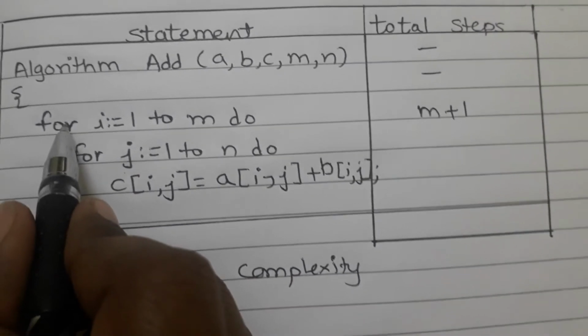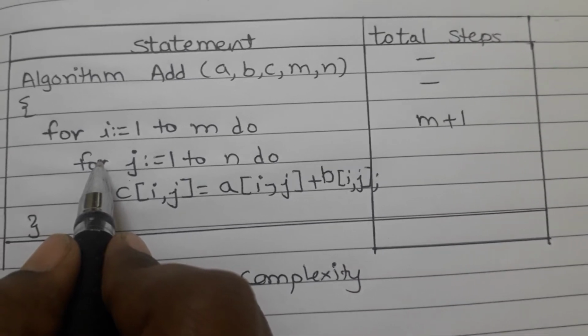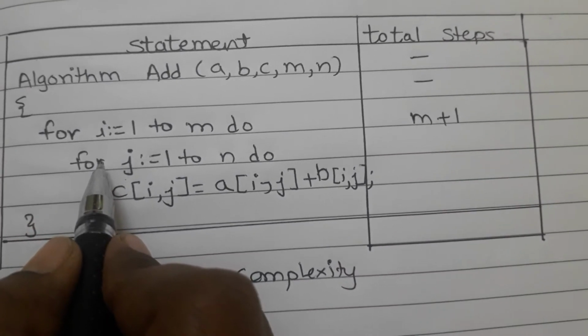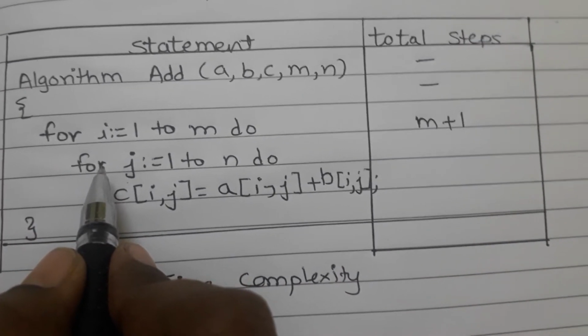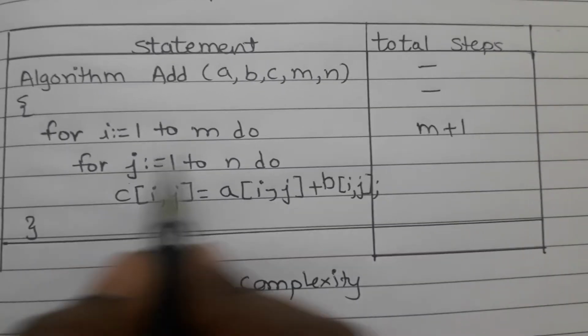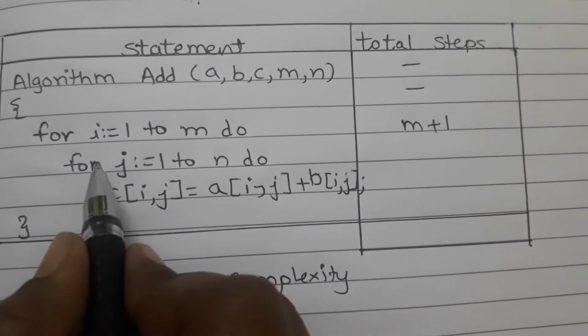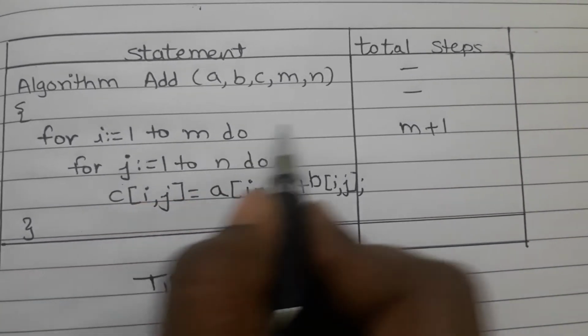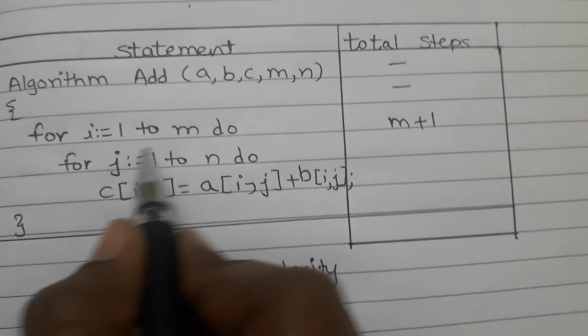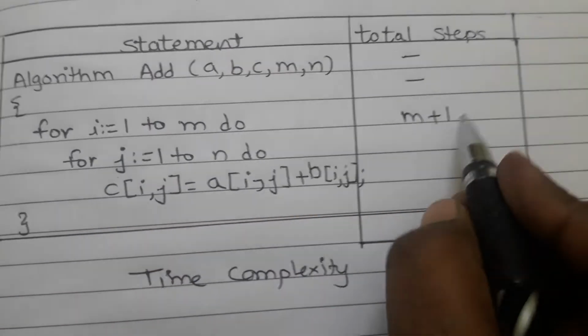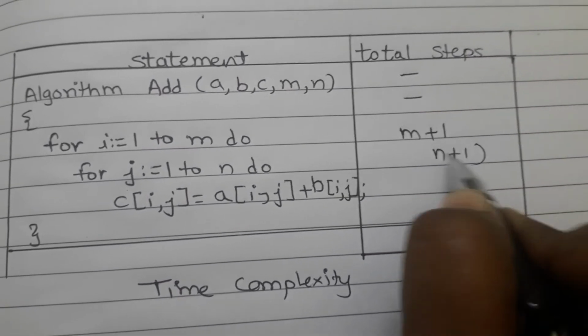Within this for loop, the next for loop is present. This is the nested for loop. This inner for loop will be executed n plus 1 times.